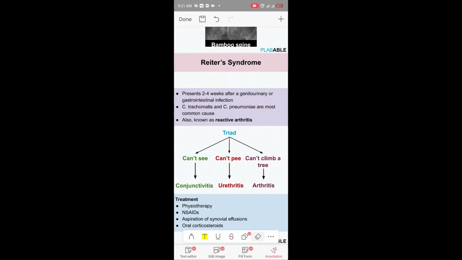So it's a triad, as I said: conjunctivitis, urethritis, and arthritis. Could be post-diarrhea, could be post-STI, that is sexually transmitted infection. Post-STI is more common in men, and post-dysentery, that is because of Campylobacter, the incidence is equal in both male and female.